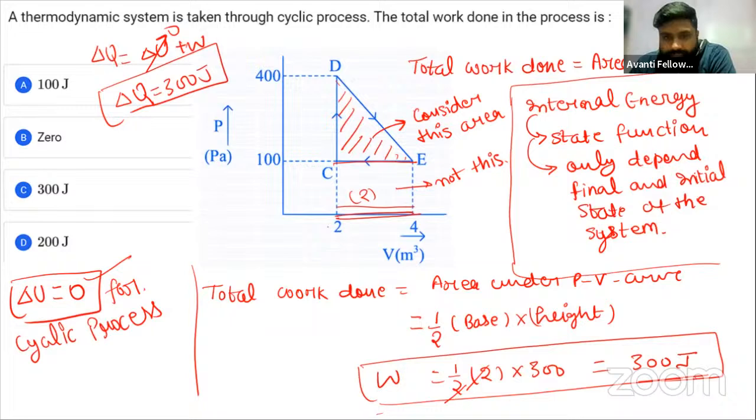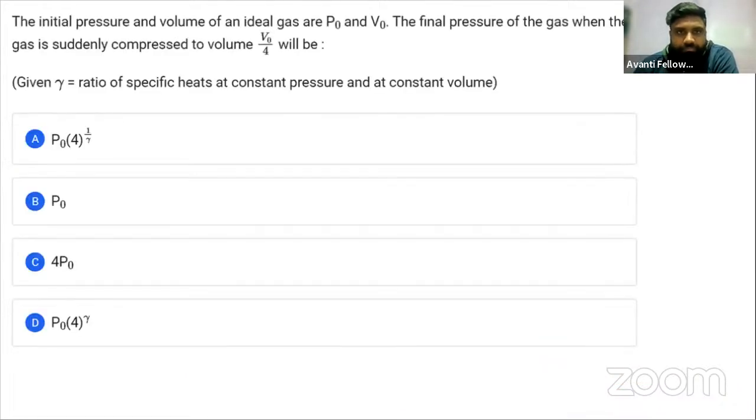Now, this one. In this question, the initial pressure and volume of an ideal gas are P naught and V naught.